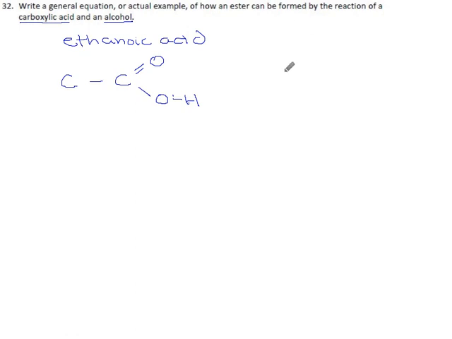And let's go with propanol. OH, propanol. We used up all the ethanol, so we use propanol instead. Okay, so ethanoic acid, as in vinegar, mixes with propanol. Here's what happens typically.